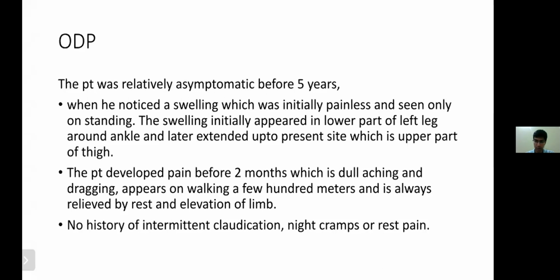Okay. So the pain is dull, aching, continuous, dragging type of pain, which occurs usually in the evening after long standing and is relieved by raising the leg above the level of the heart, not just raising the leg.